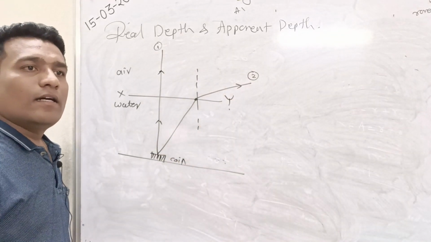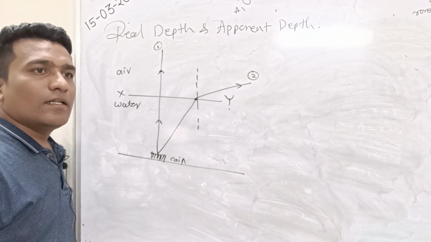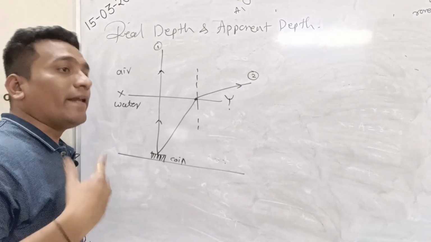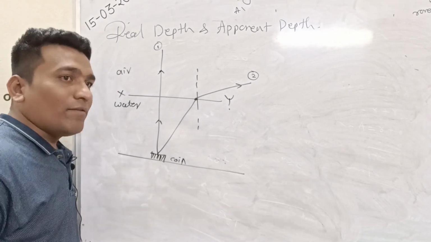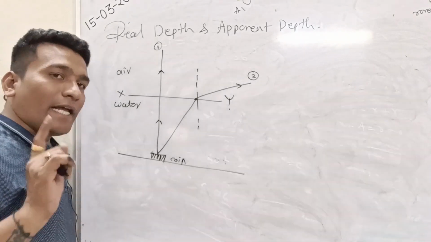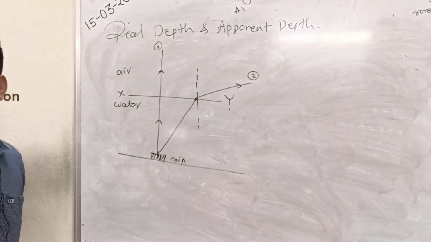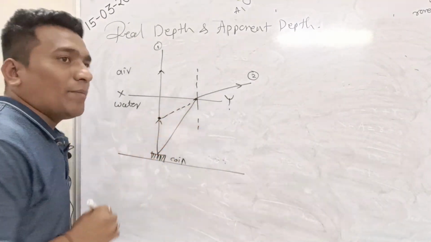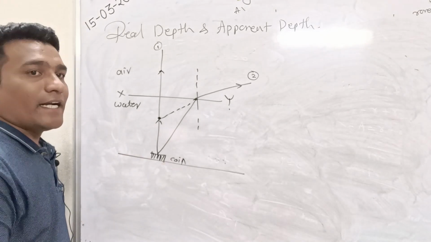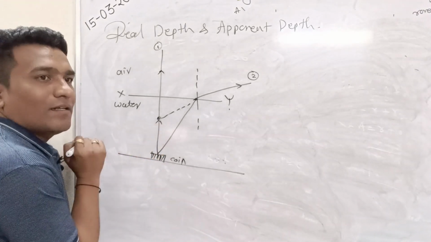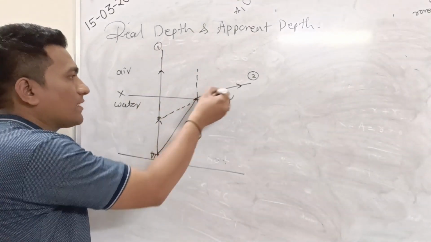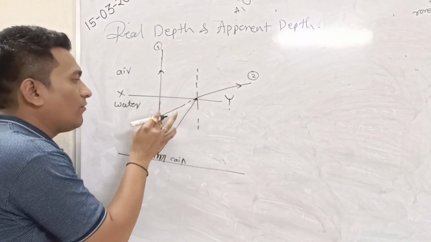They are converging or diverging? Diverging. Are they converging? So will a real image form? They are diverging. So the diverging rays, how do we find the image? We pull them back. So if I pull them back, where they virtually intersect, this is a point where, if I pull this light ray backward, they will virtually intersect.